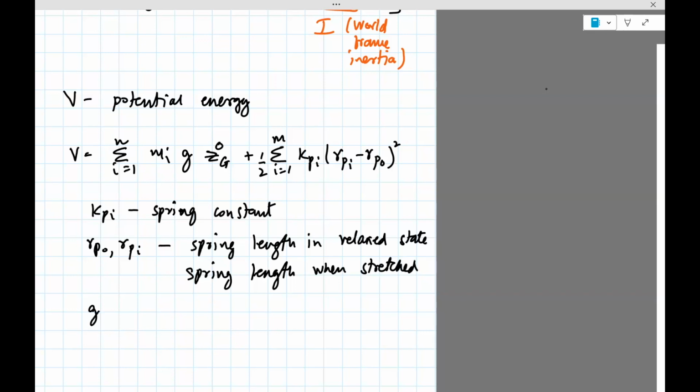What else? g is gravity, and it's assumed to be parallel to, or along, the Z direction.